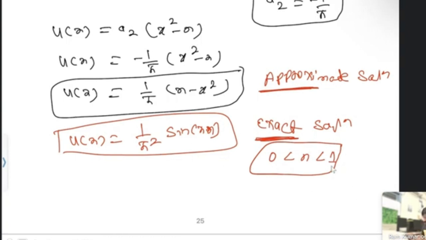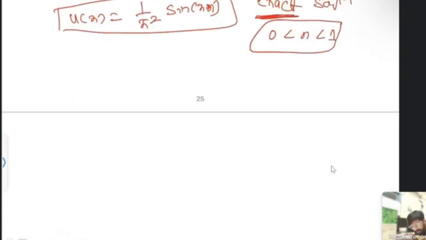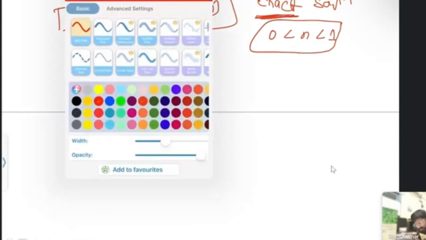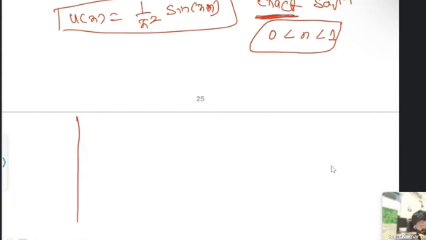If you plot these two functions, what will you get? If I say this is our u, this is our x.